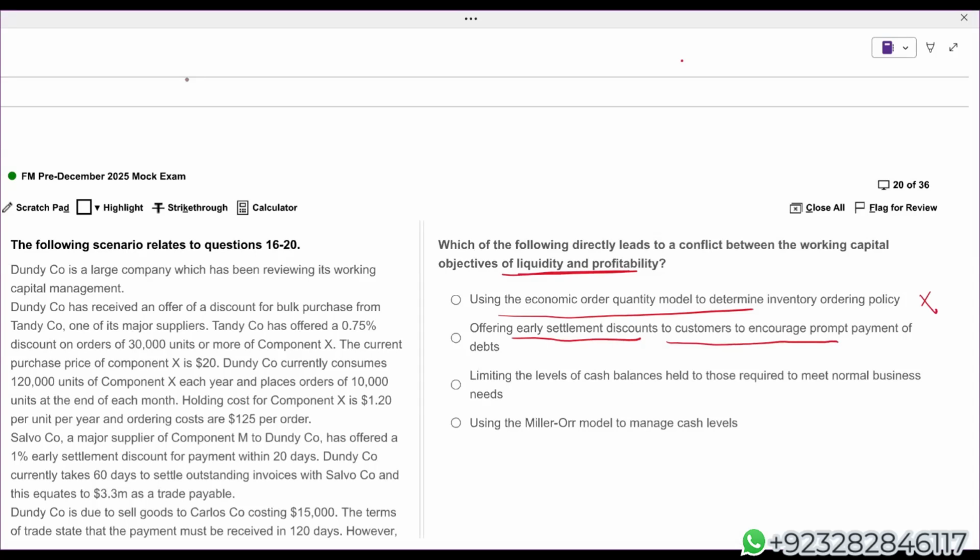Encouraging prompt payment, or limiting cash balances to those required to meet normal business needs, is not liquidity versus profitability. So mainly, offering early settlement discount will increase your liquidity, but your profitability might reduce. I hope till here everything is clear to you.